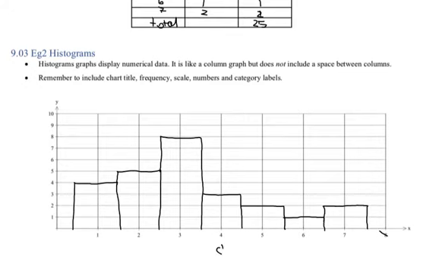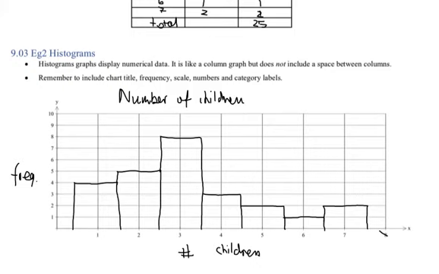So here we've got number of children. Here I've got the frequency. And here I have the number of children in each family.